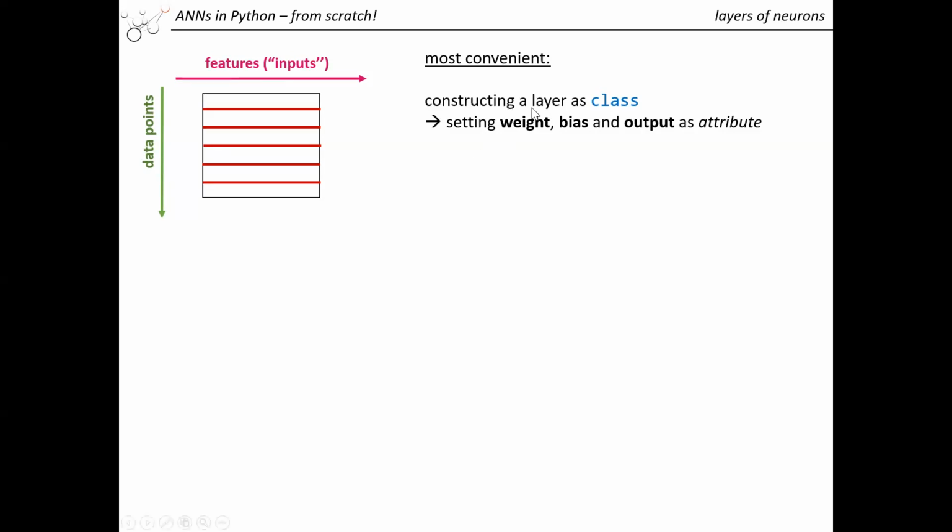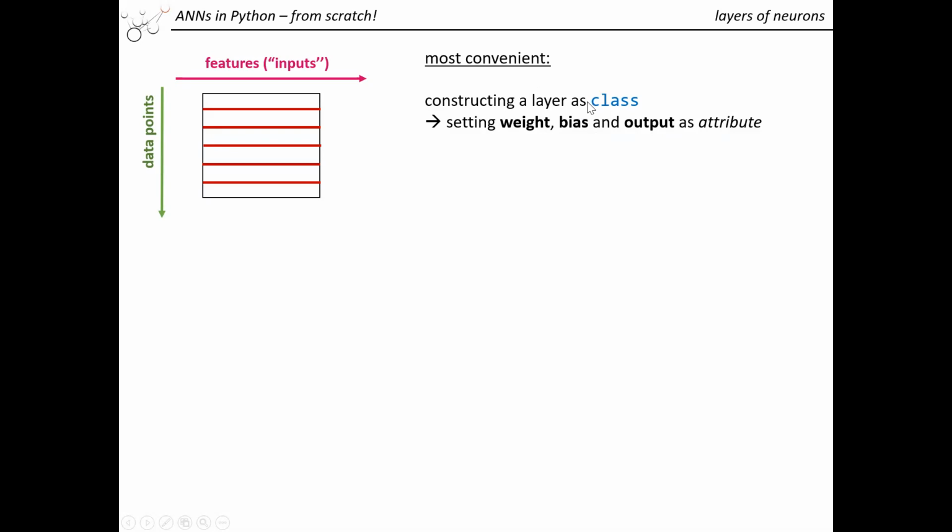And we created a function and ran our function, but now we want to create a class for our layer, and we want to set the weight, bias, and output as so-called attributes. And I want to explain, of course, how that works and what the idea behind the structure is, and that in fact we will have some advantages over the normal function that we created earlier if we create the class.